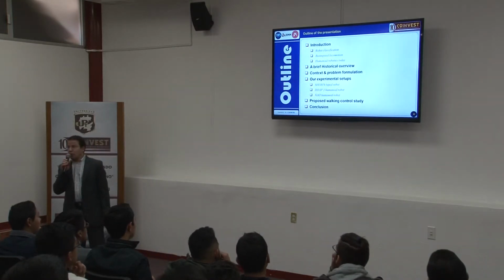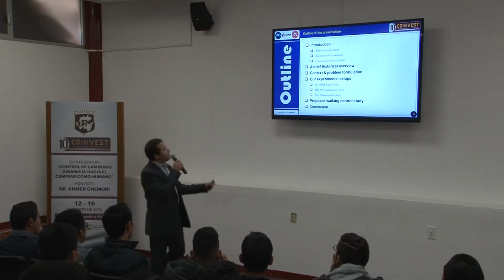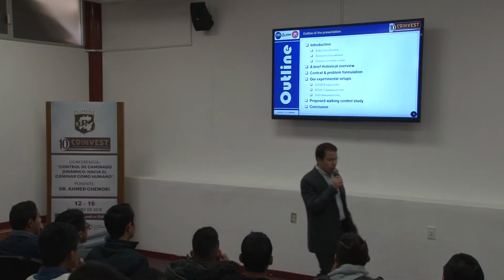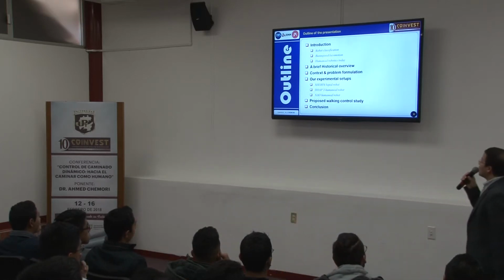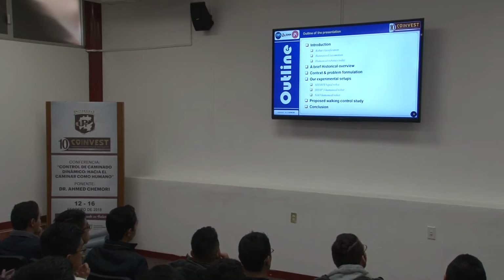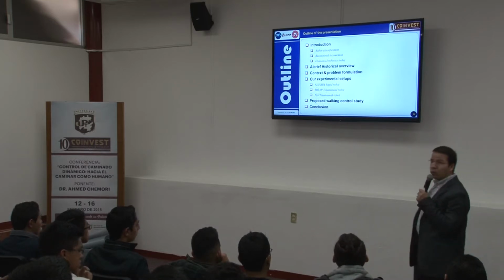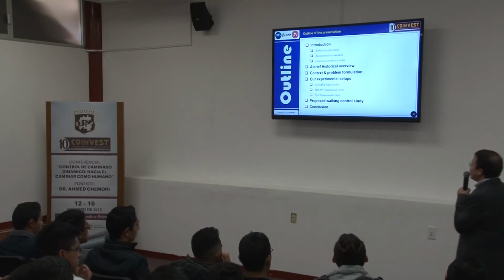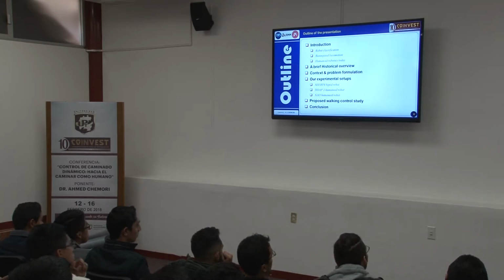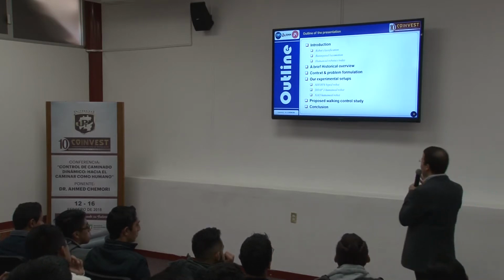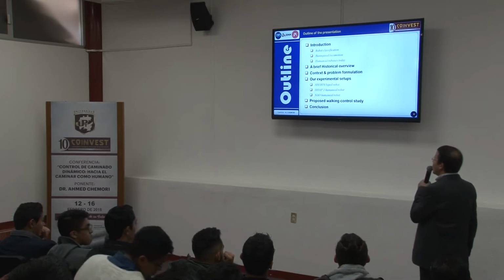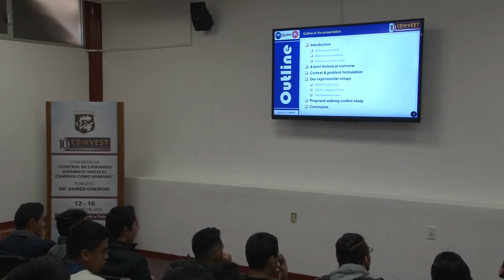Now let's go into the details of the presentation. Here is the outline. I will start with an introduction, then a brief historical overview about humanoid robotics. I will introduce the context and the problem formulation concerning control of this kind of systems. Then I will present our experimental platforms.